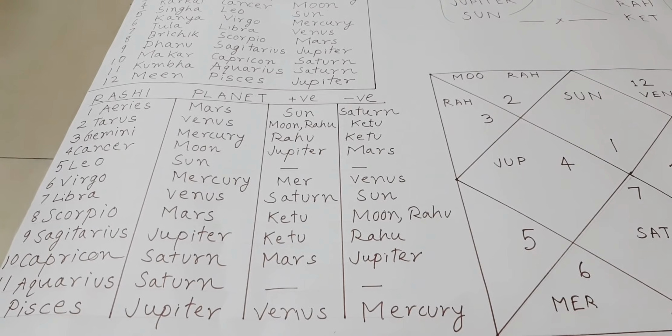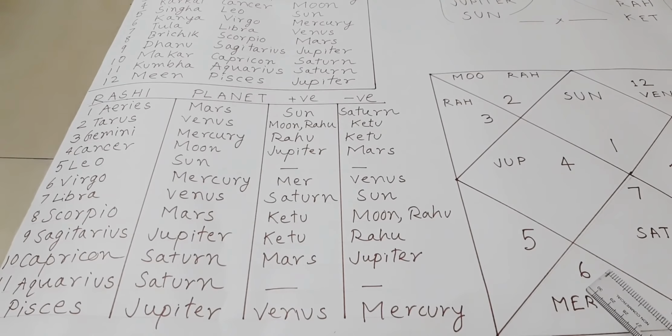This Vimshottari Dasha system is actually a nakshatra-based system. It is dependent on the moon's position at the time of birth. The total period of this dasha is almost 120 years. The period is assigned differently to different people based on the birth time.